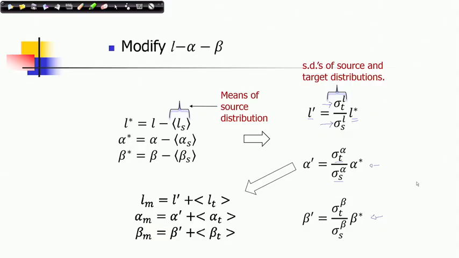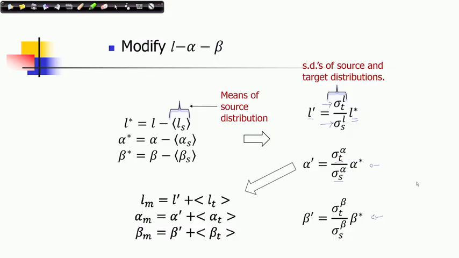So, in this way, in the transferred color space, or transferred color values of the source image, you have transferred the mean. That distribution will have the mean equal to the mean of the target distribution, and also it will have the standard deviation of the target distribution, and that is in the L alpha beta space.